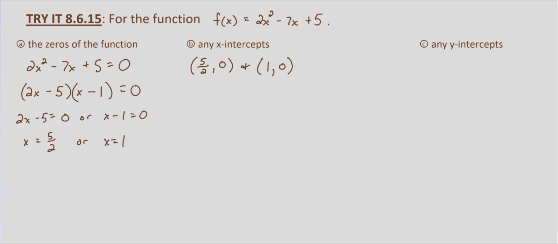So we substitute x equals 0 into our function. We get 2 times 0 squared minus 7 times 0 plus 5. And that equals 0 minus 0 plus 5, which equals 5.